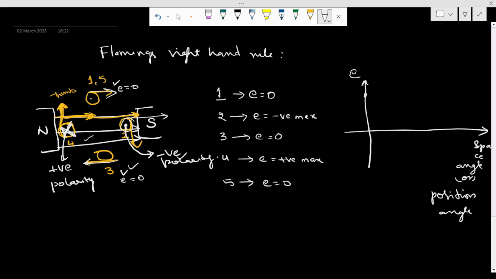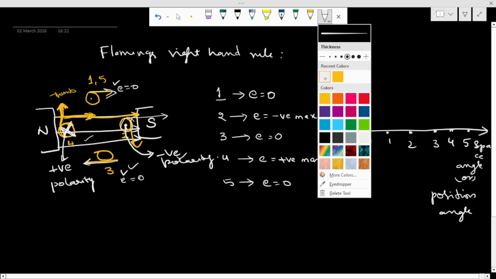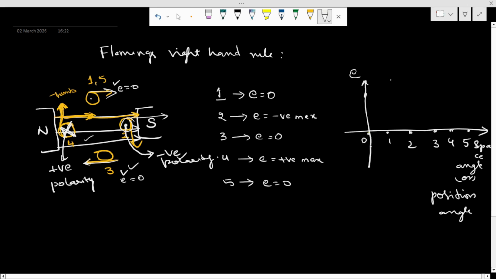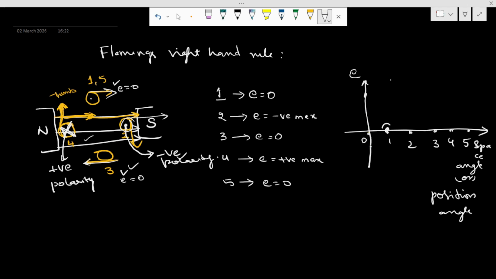We name the positions 0, 1, 2, 3, 4 and 5. See, in the first position the EMF induced is 0.